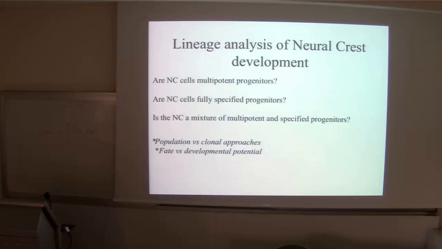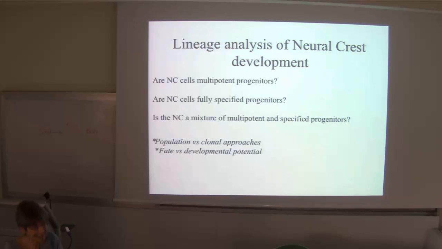This was our discussion from last time. Are crest cells, contrary to that idea, fully specified? Or is the crest a mixture of fully specified and multipotent progenitors? And basically, let me give you the answer. This turns to be the correct answer, but in contrast to the basic and classical dogma that crest cells migrate as multipotent cells, namely each cell is able to generate the full repertoire that I showed to you, and then they decide what to become when they come to their homing sites due to environmental signals, we know now that this is not true.